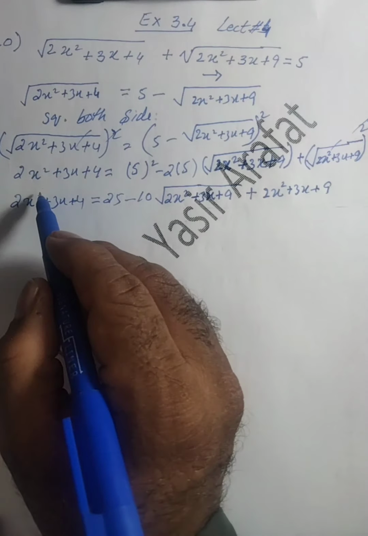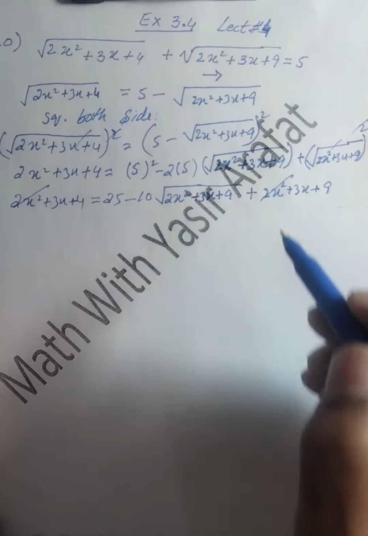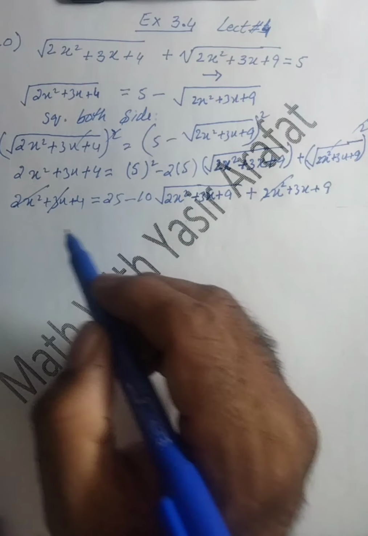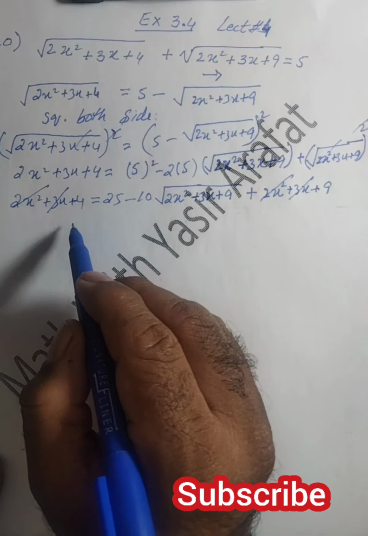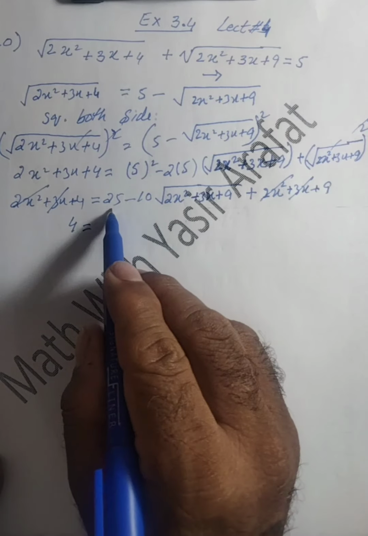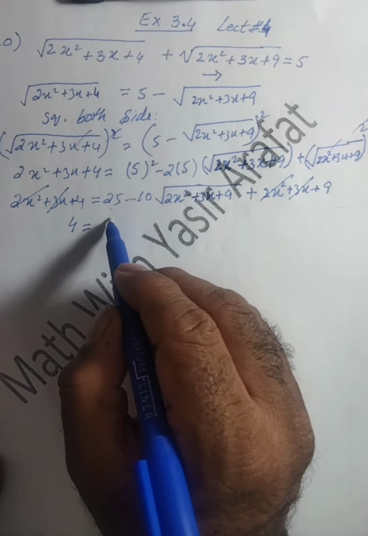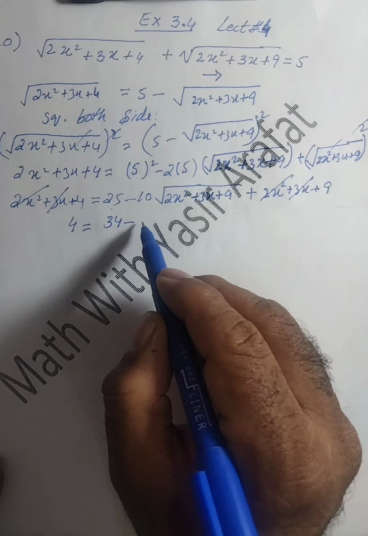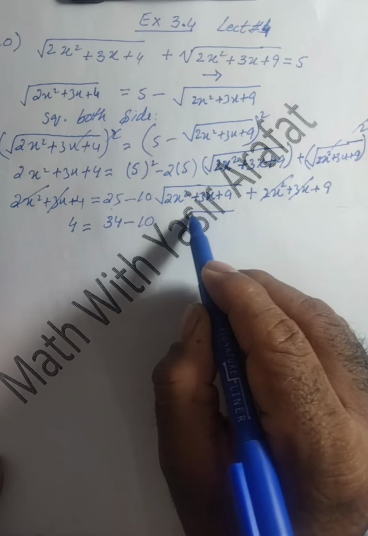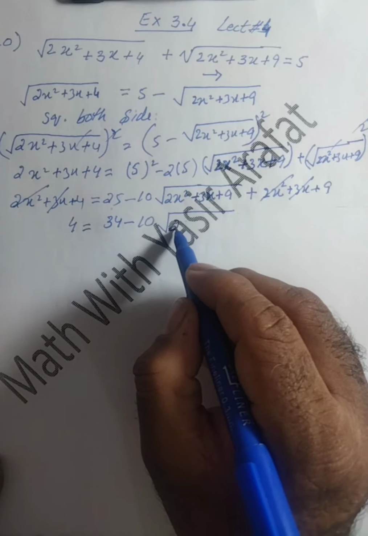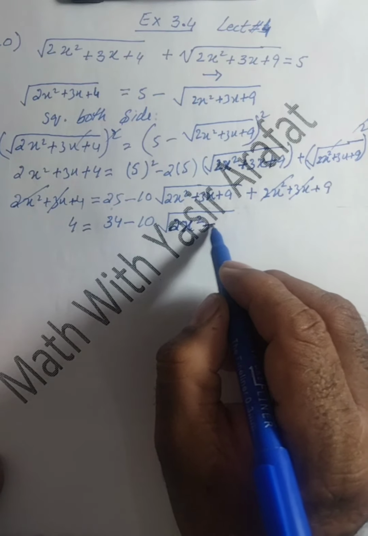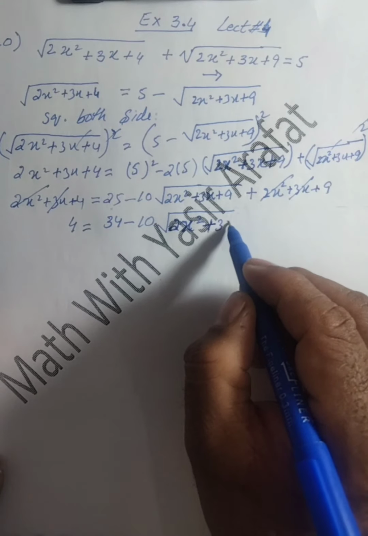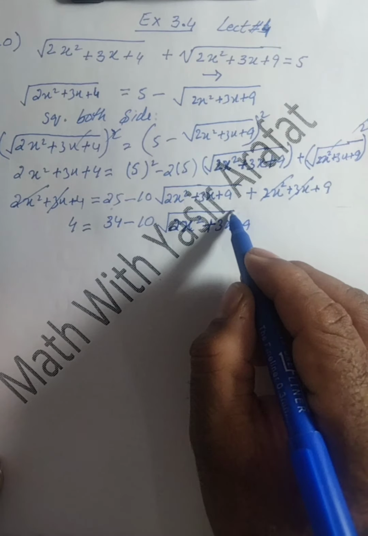Now this 2x square and this 2x square cancel out, plus 3x will cancel out to each other, and this is 4, 25 and 9, that is 34, minus 10 in the radical 2x square plus 3x plus 9.